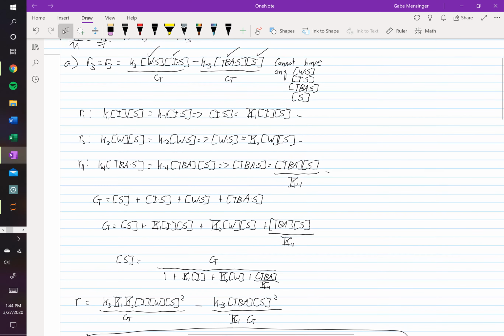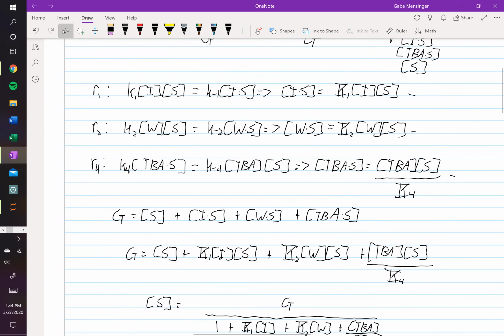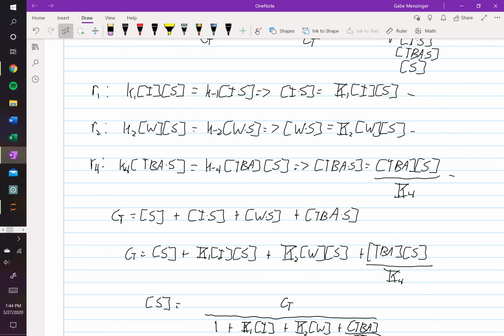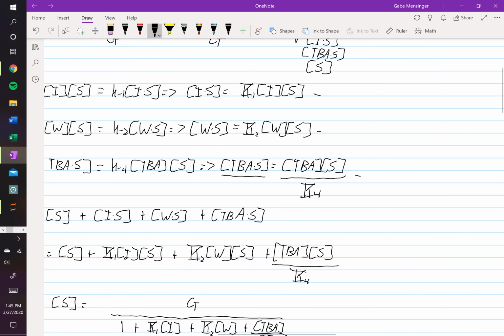Okay, so here's the one for step 4. And remember that I'm solving for my surface species, the TBA times S. So I have a K negative 4 over K4, which is actually 1 over K4. But I forgot the substitution that he gave us.